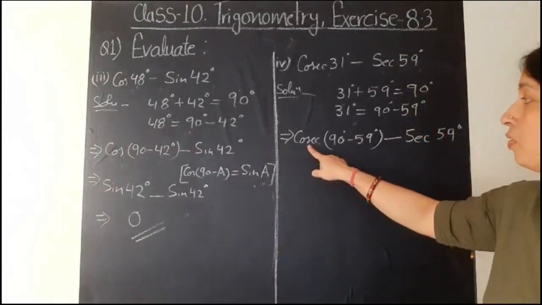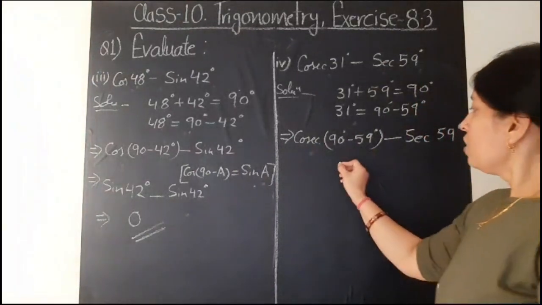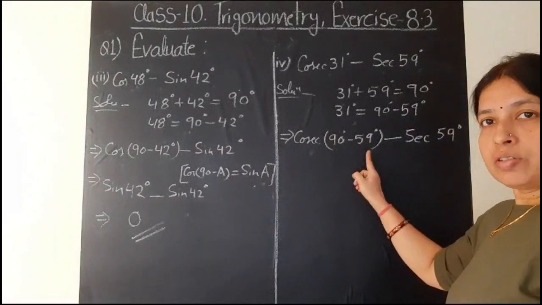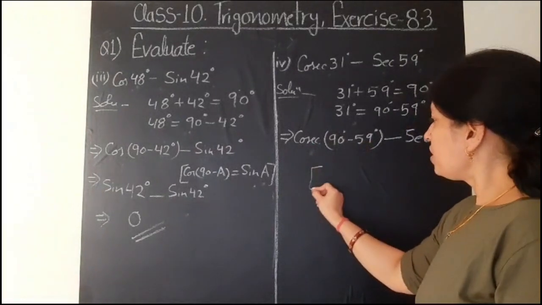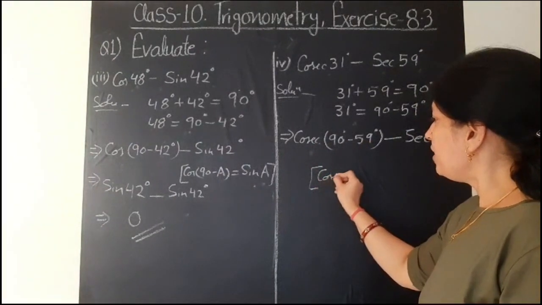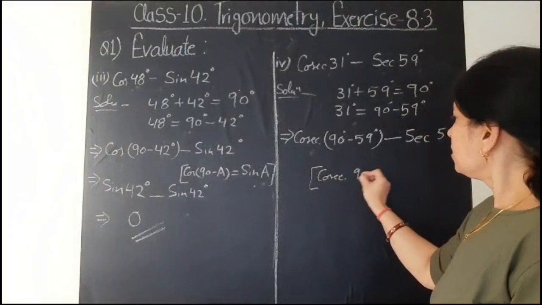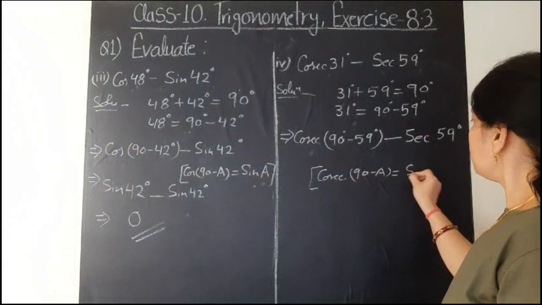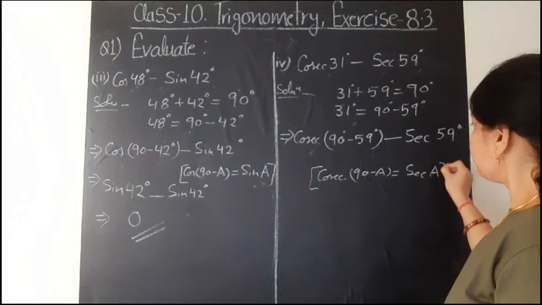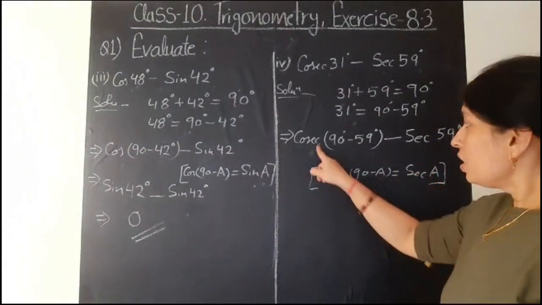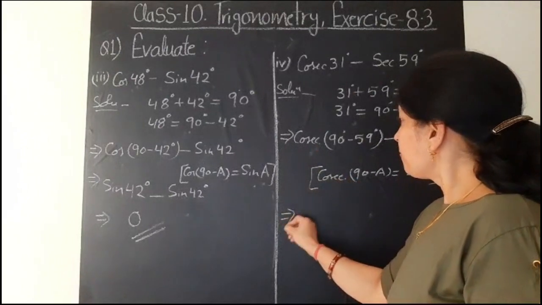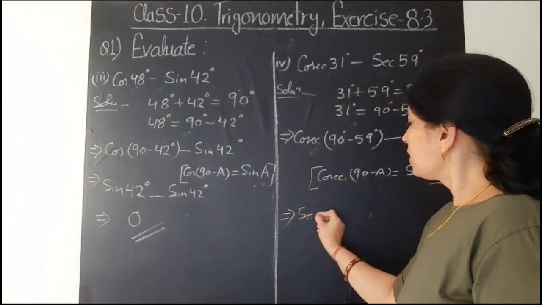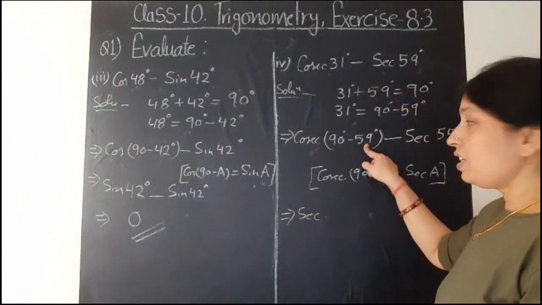What is formula of cosec 90 minus a? Cosec 90 minus a is equal to sec a. So first write formula. Always write formula. Cosec 90 minus a is equal to sec a. Use this here. So it will come sec, in place of a here it is 59.